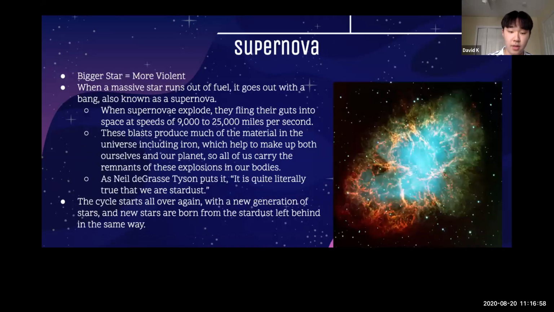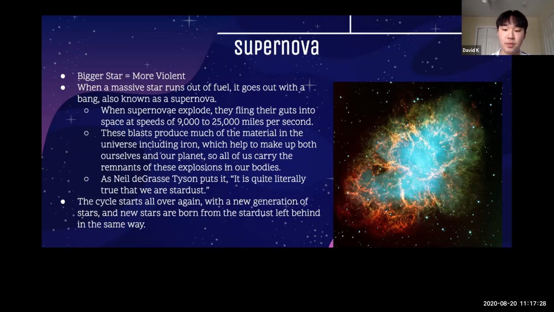On the other hand, a big star, not a small star, but a huge star, will die with a supernova, which is, as you can see in the picture, a huge explosion. When they explode, they fling their guts into space at speeds of 9,000 to 25,000 miles per second, which is incredibly fast, just showing the sheer amount of power that these supernovas have.